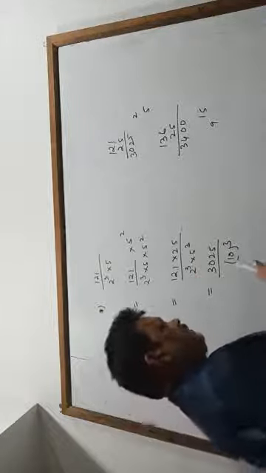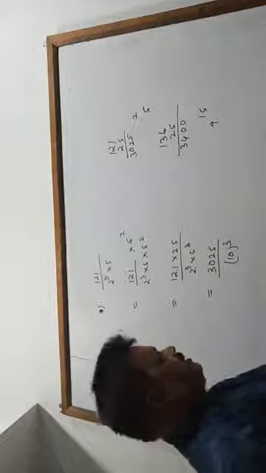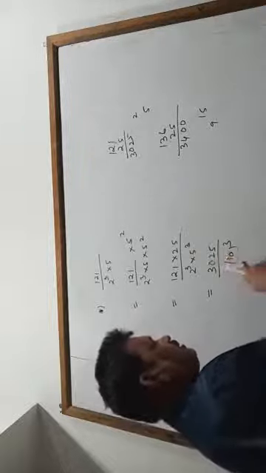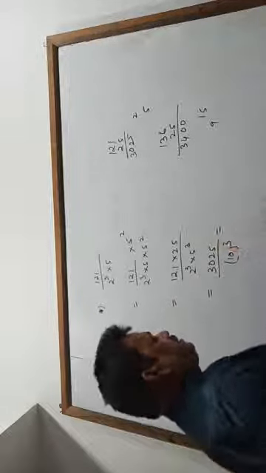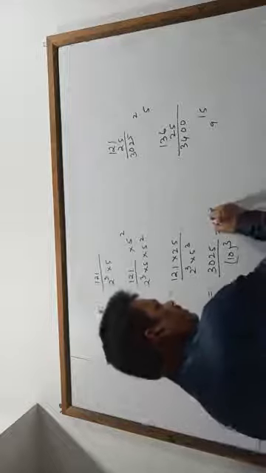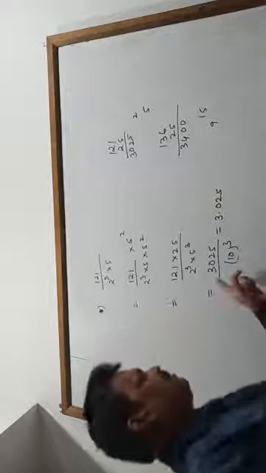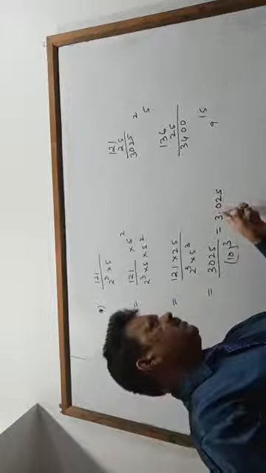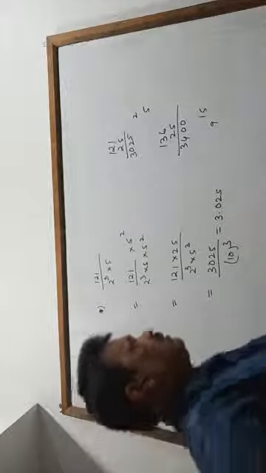That means after decimal there should be 3 digits because power is 3. So it will terminate after 3 digits after the decimal, means it will be 3.025. The number will terminate 3 places after the decimal. So this is how you have to solve every question.